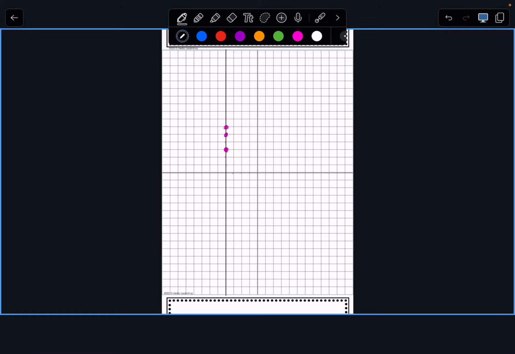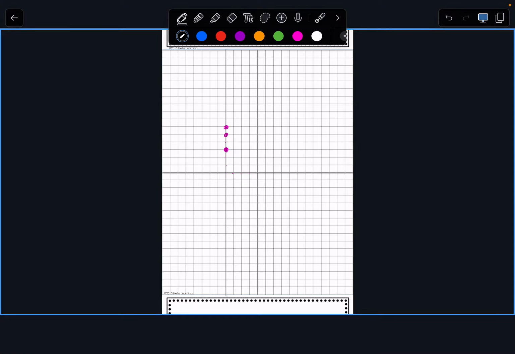That's why I gave it to you. All the way down, all the way up. This is interesting. Channing, what's the slope of that line?